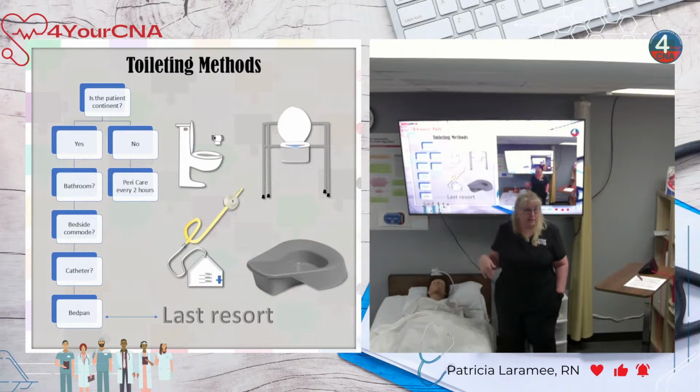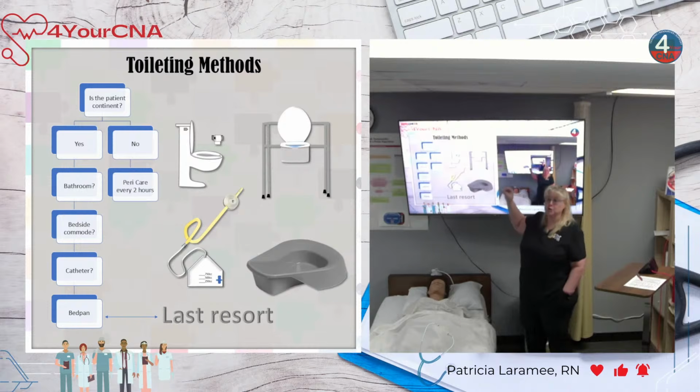Are CNAs allowed to change the care plan? Especially with something that has to be done by doctor order. So if that CNA gets caught doing that, they are violating their scope of practice. If something happens to that patient, they are liable. Don't put yourself in that position.